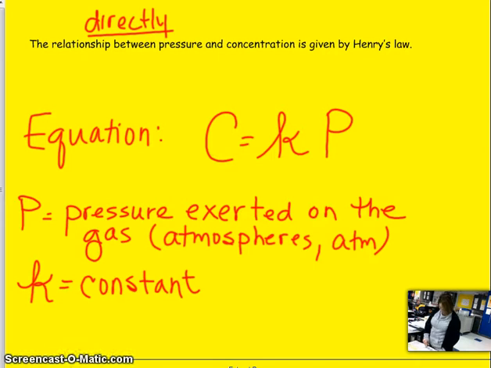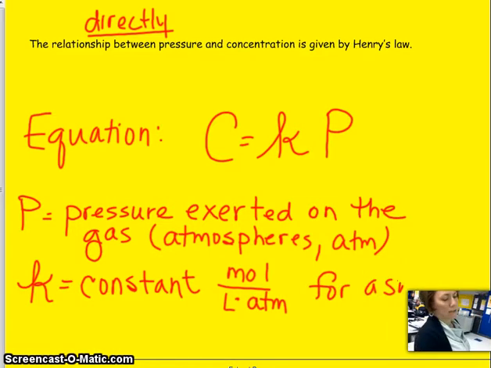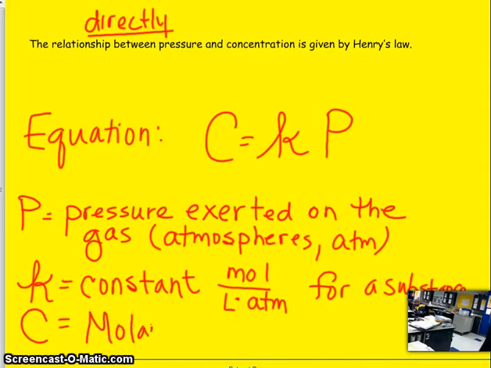It's called a constant characteristic of a particular solution, and the units for that constant are moles over liter atmospheres. So it's a constant for a substance. They will either give that to you or they'll ask you to find that and give you the other two pieces of information. And then C is molarity or concentration, and its units are moles per liter.